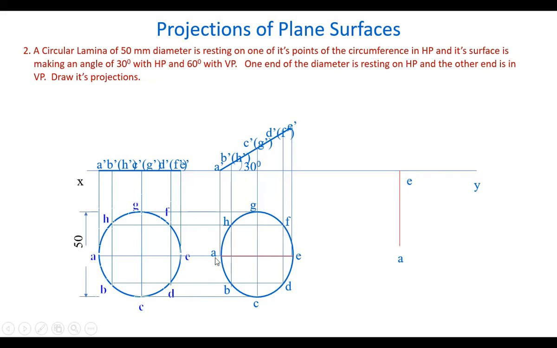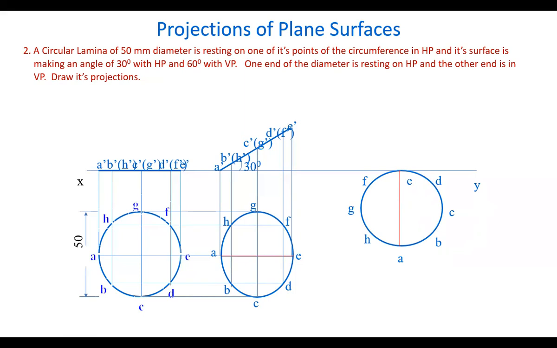That means actually we are rotating this by 90 degrees counterclockwise, and moving this point E to touch the vertical plane. That's it. So mark all the other points, join them by a smooth freehand curve. You get the same top view here in a new position, such that the diameter one end E is touching the reference line, that is the vertical plane.